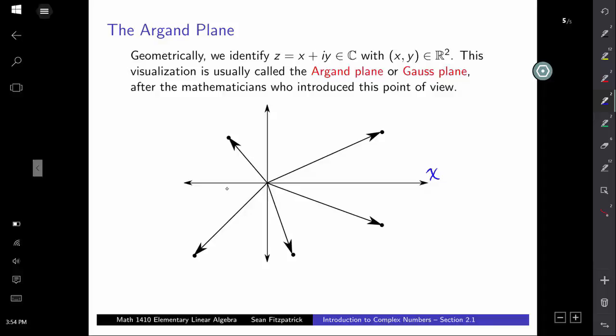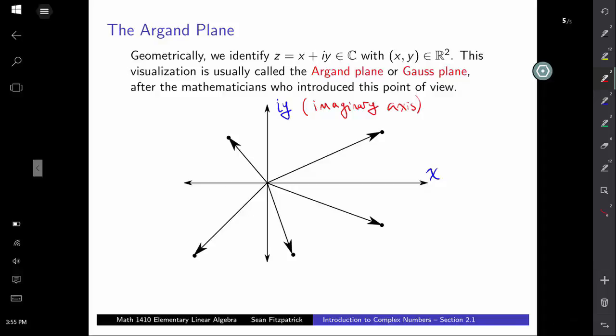The vertical axis you think of as i times y. So we'll see in the next couple of videos that the term with the i in front of it, the term with the square root of -1, for unfortunate historical reasons, is sometimes called the imaginary part. And so the vertical axis is sometimes called the imaginary axis.